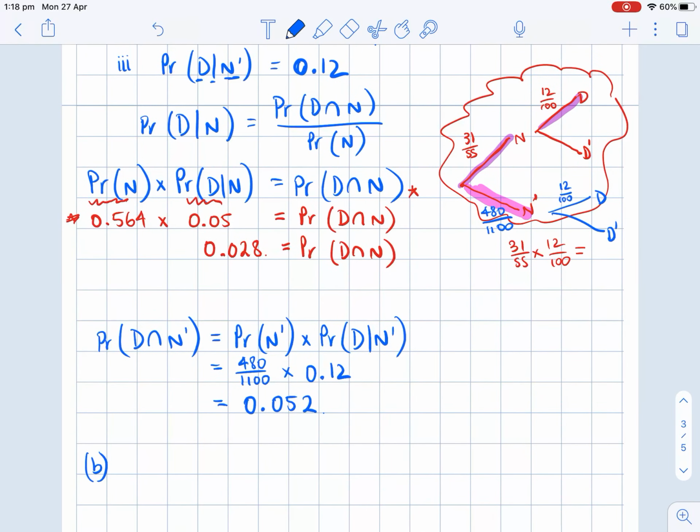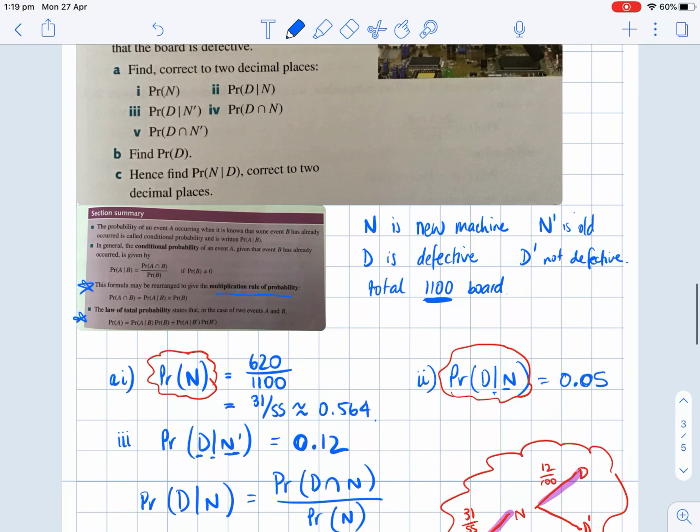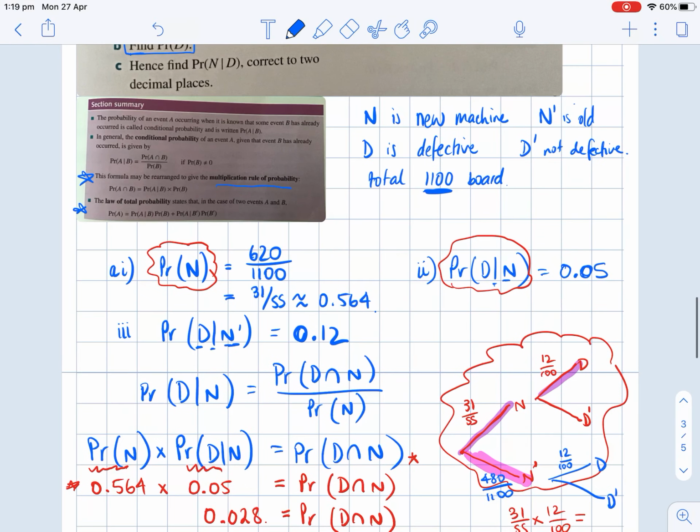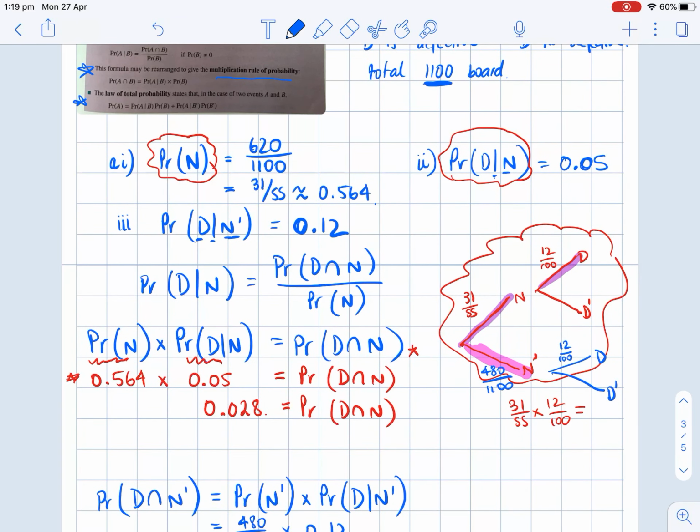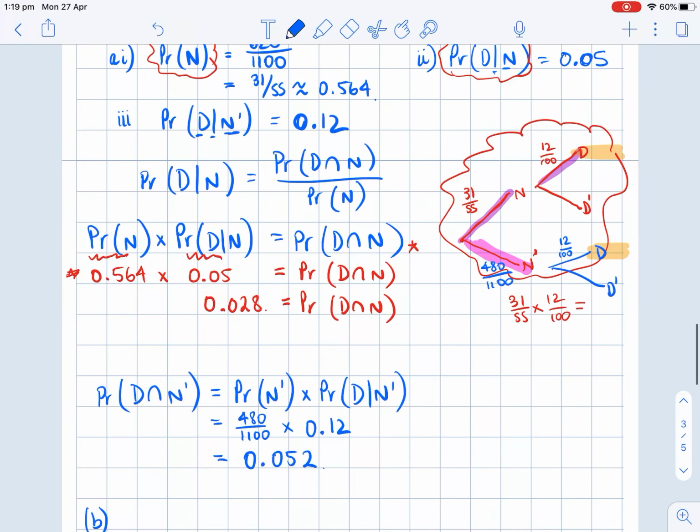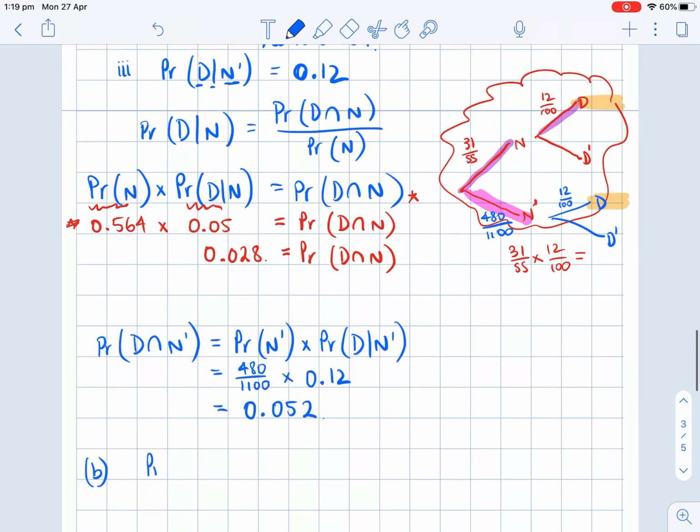Okay, now it wants part B. Part B in the question says, find the probability that it is defective. Well, if I think about my tree diagrams here, I basically want to take my solution here and take my solution here. Basically, what that is doing is working out the two ways that I could possibly be defective and then adding them together to get the total chance of being defective.